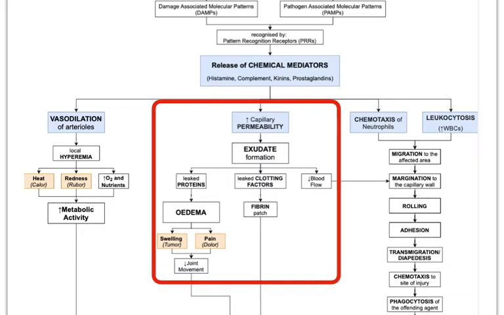Some of the clotting factors include fibrinogen, which can become activated and form fibrin. We'll learn more about how that works. So this is part of your clotting pathway. And once we have these little strands of fibrin forming, which is kind of how a clot forms, we're going to see that that is going to start the process of healing again.